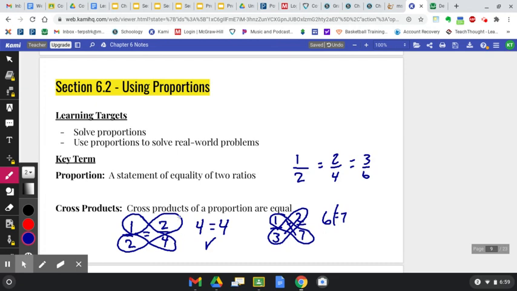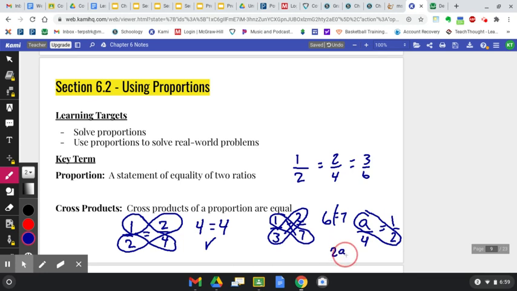And what this statement allows me to do is solve for a variable. Like if I have a over 4, and I know that that's equal to 1/2, I could say, well, what is a? And I should know what it is, but it allows me to cross multiply, right?